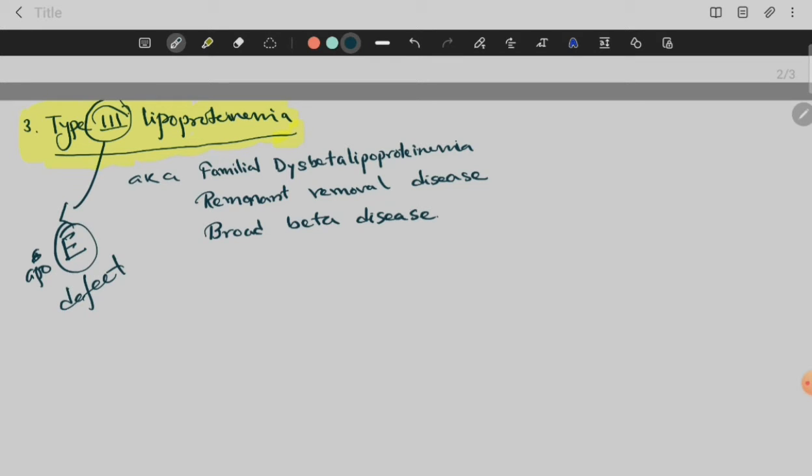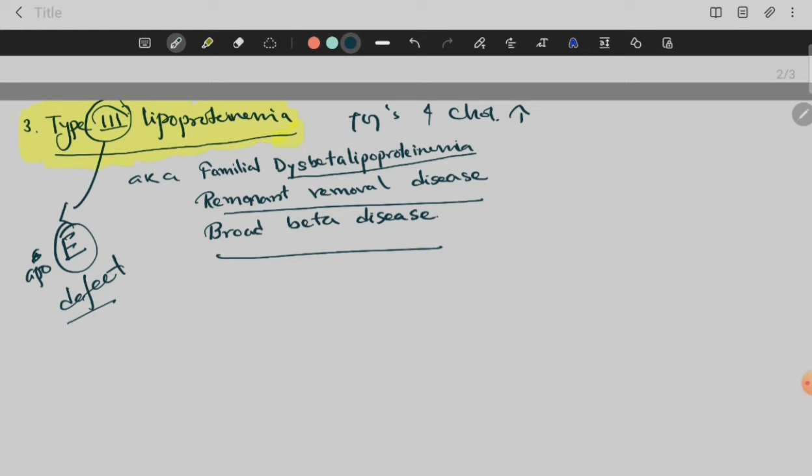This is also known as familial dysbetalipoproteinemia, remnant removal disease, or broad beta disease, because it can result in both TGs and cholesterol increasing. So it is broad beta disease. We learned that it is due to ApoE defect. Here there will be a rise in TGs and cholesterol both.